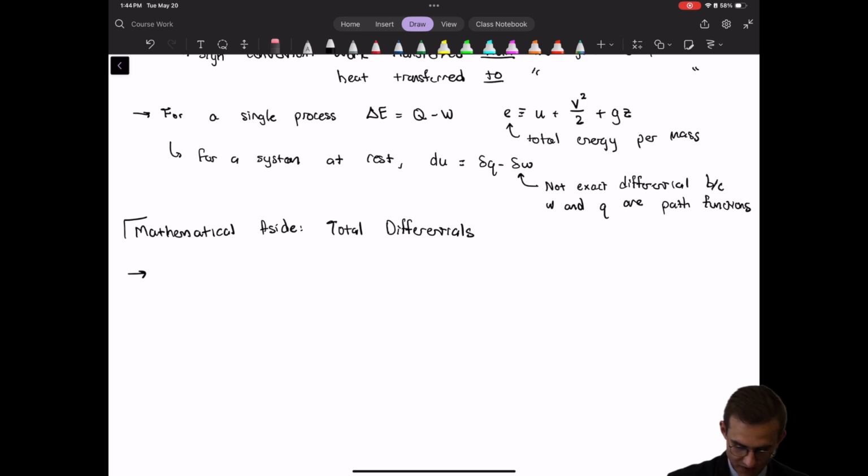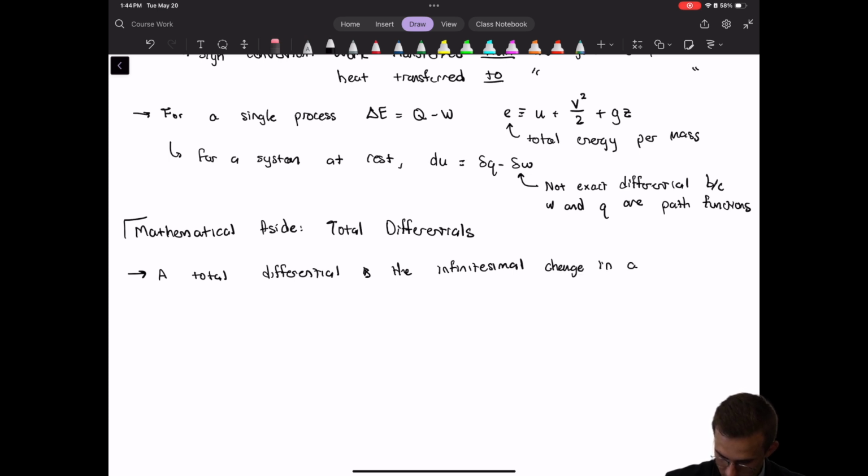Okay, so the way you define it is the following: a total differential is the infinitesimal change in a function at a point.